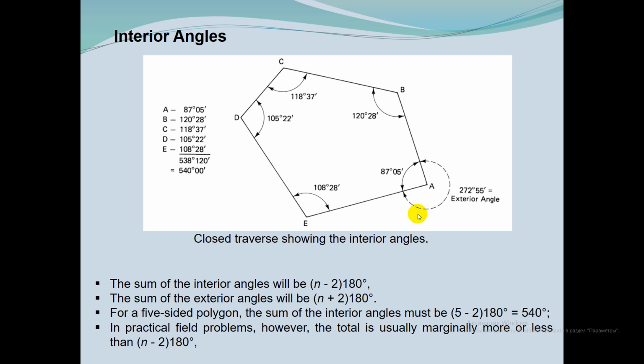And remember that the exterior angles at each station could have been measured instead of interior angles, as shown. So the exterior angle at point A is 272 degrees 55 minutes.